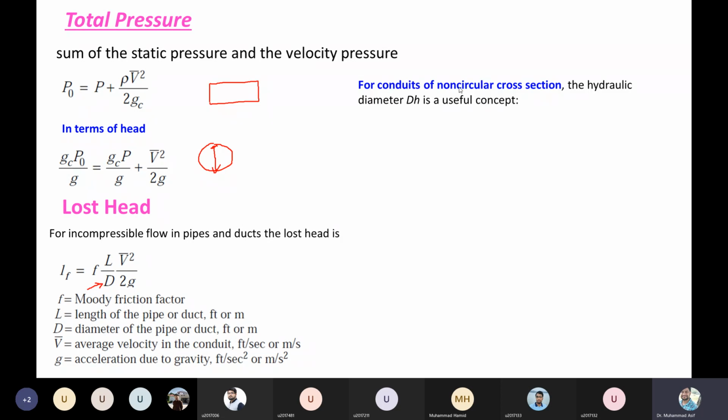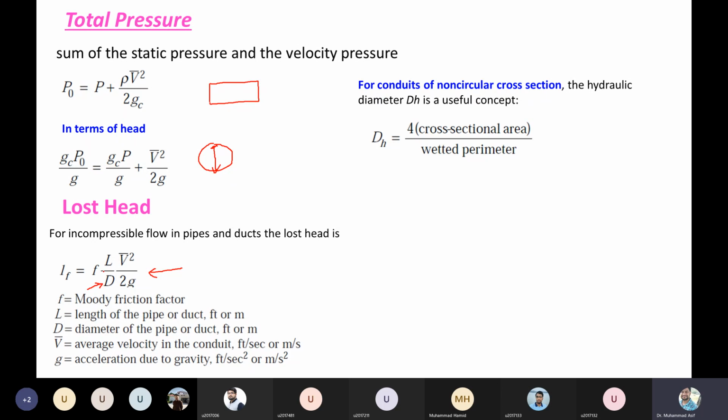For a non-circular cross section, we use a term hydraulic diameter, DH, which can be calculated by multiplying 4 into the cross-sectional area divided by the wetted perimeter. By using this formula, we can calculate the loss head, right?